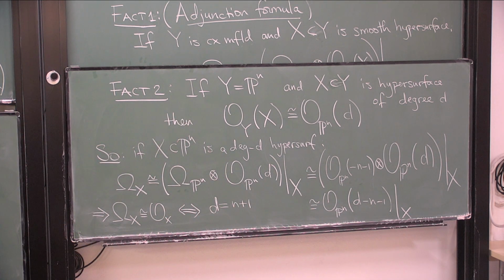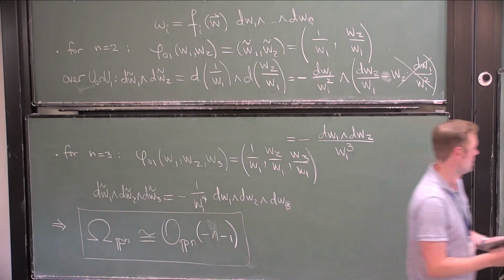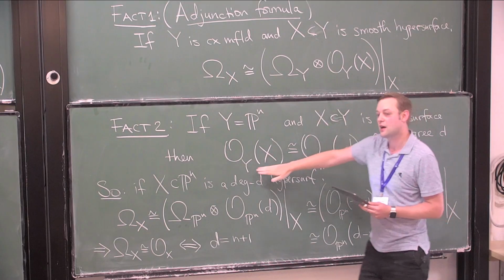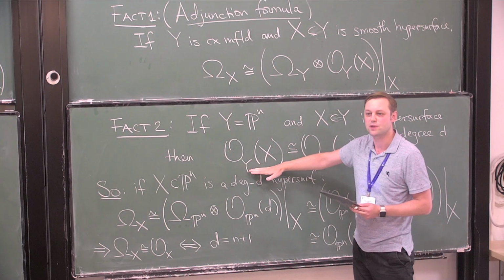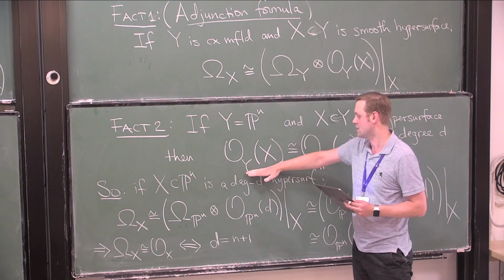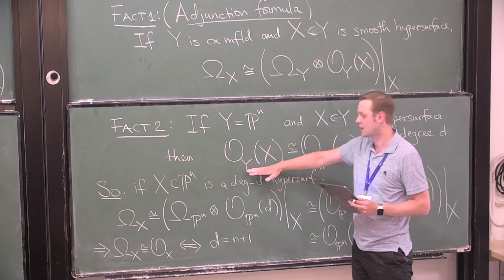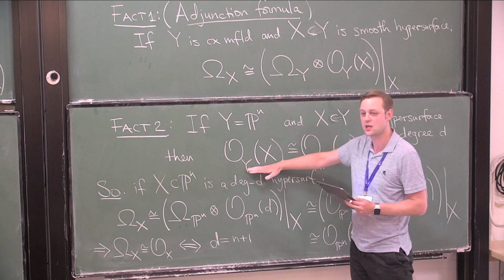Yeah, sorry. What do you mean exactly by O_Y of X? Yeah. So I didn't explain it. This means it's a twisting bundle, bundle twisted by a hypersurface.